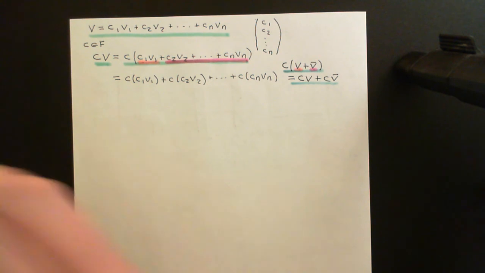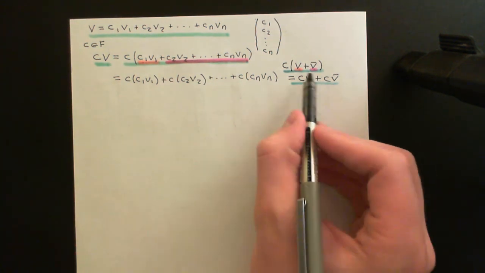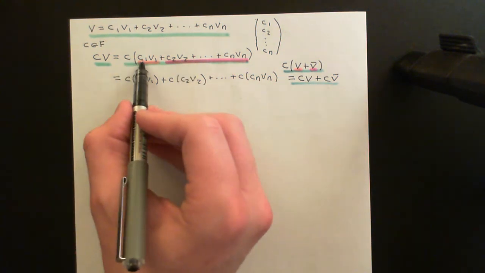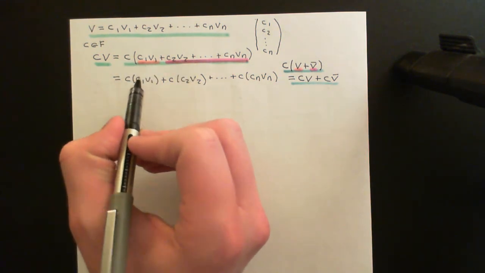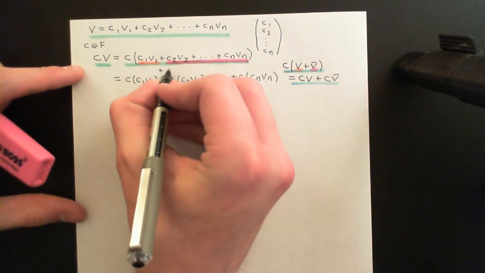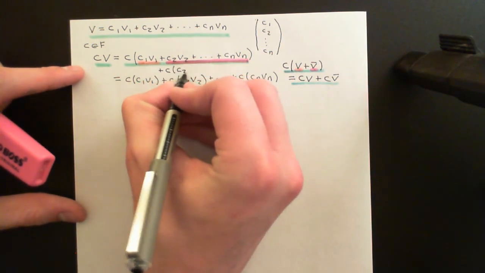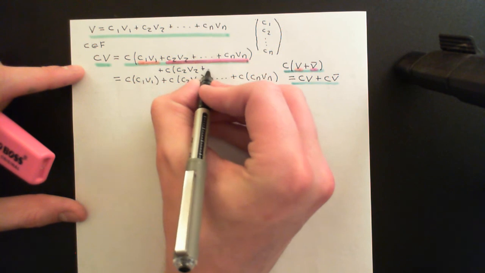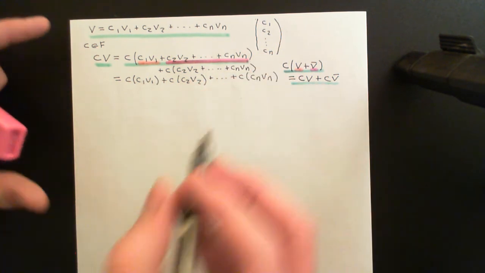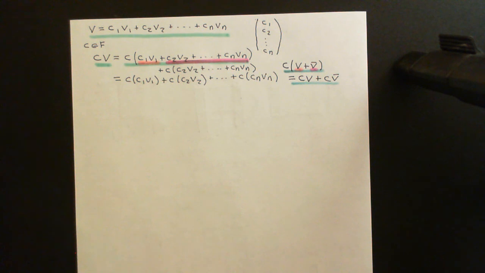Then what I can do is apply this law here, which applies for just having two vectors added to each other, to say that this is c times c1 v1, which is what I've got here, plus c times all the rest of this, c2 v2 plus all the way along to cn vn, like so. But then we can just apply the exact same trick again.